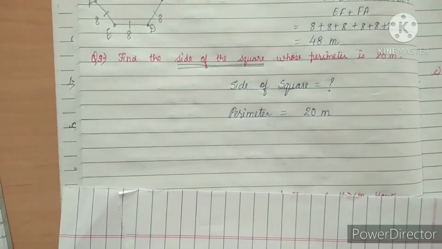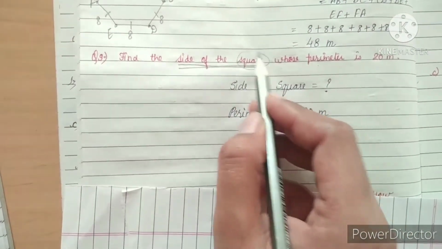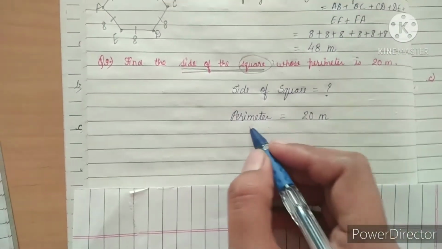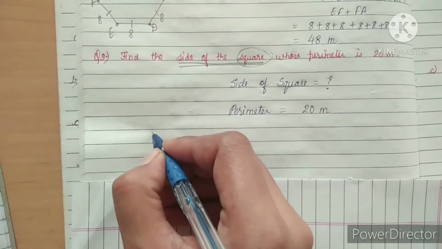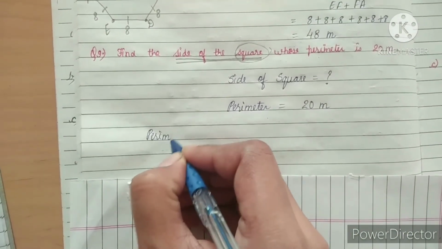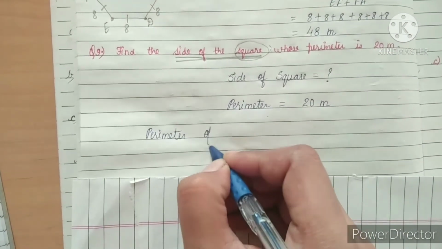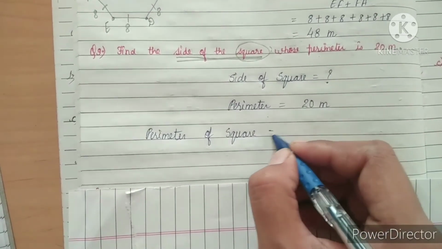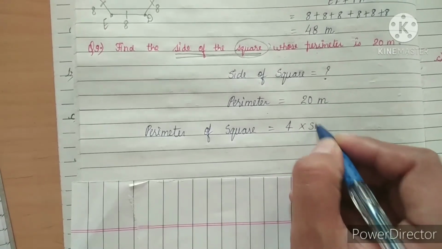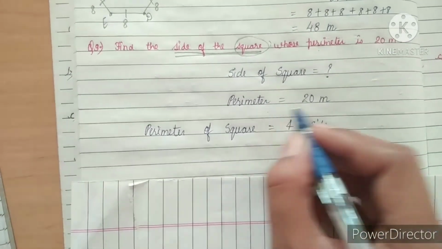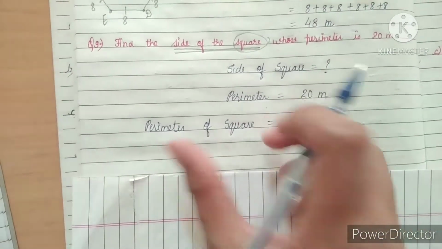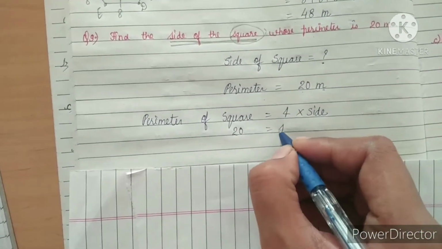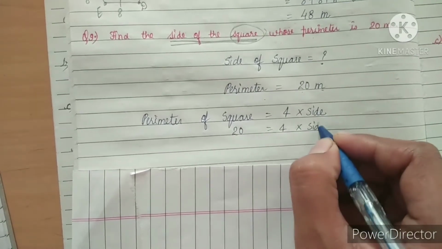Now you can simply see which figure they are telling us. They are telling us the square and giving the perimeter of the square. So what is the formula for the perimeter of a square? Perimeter of a square is 4 into side. The perimeter is 20 meter. So below, for the perimeter of the square, we write 20, and 4 into side as it is.